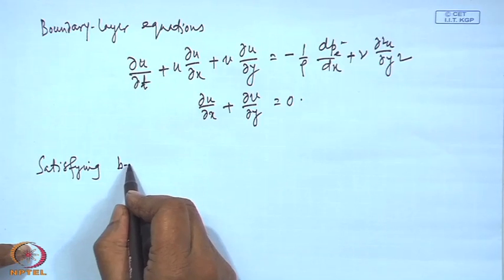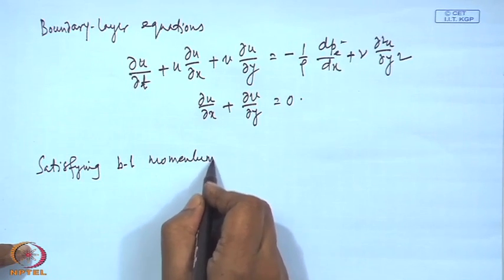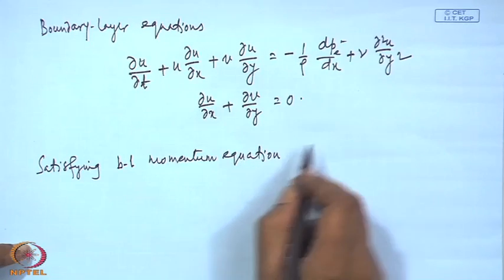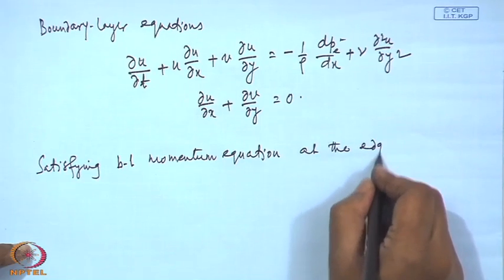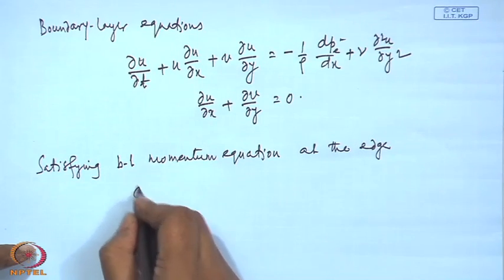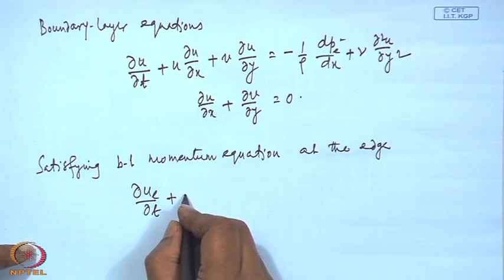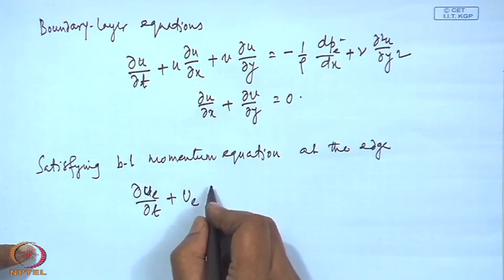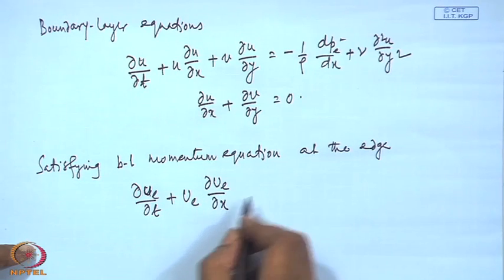Boundary layer momentum equation. At the edge, we have d u e dt plus u e d u e dx.